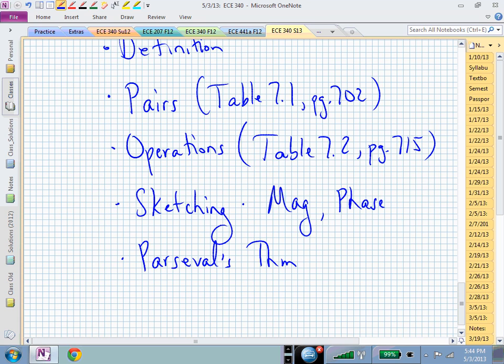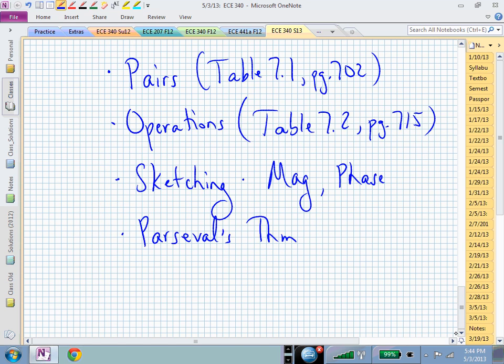If you're asked for the total energy, a lot of times it's easier to work in the time domain, but if you're wanting to find the energy in a particular frequency band, it's nice to be able to work that in the frequency domain.